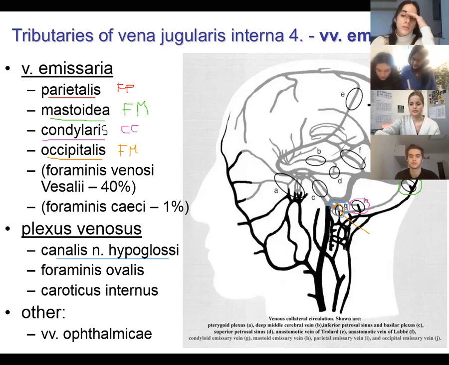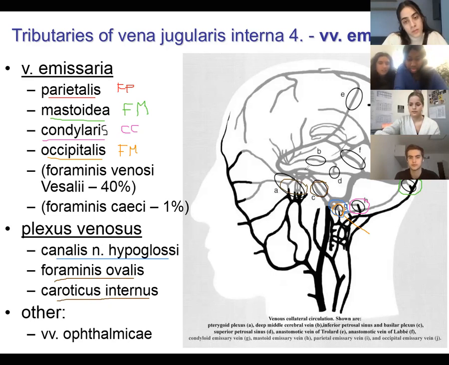When we go more ventrally, we have the foramen ovale and carotid canal plexuses, just below the cavernous sinus. This is sinus cavernosus. And then we have some smaller ones.